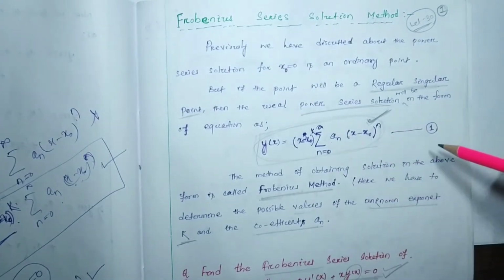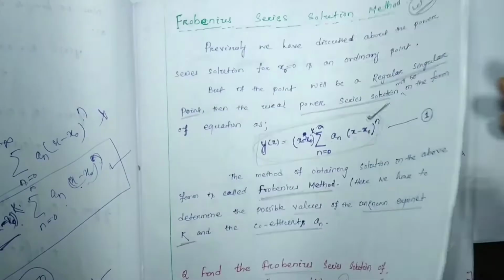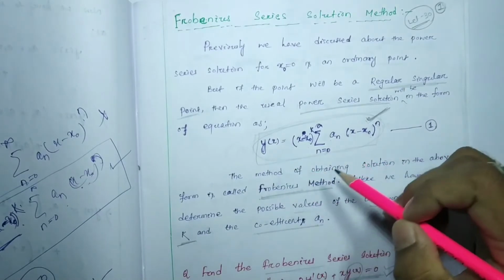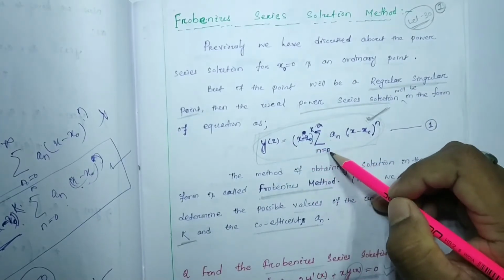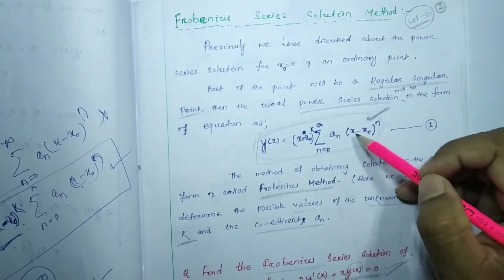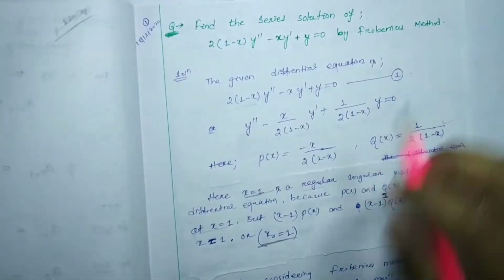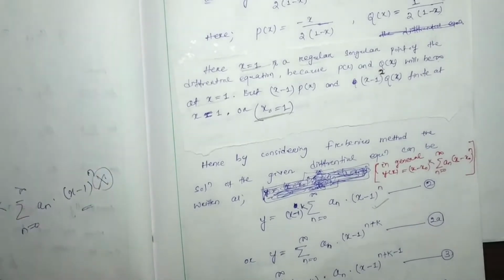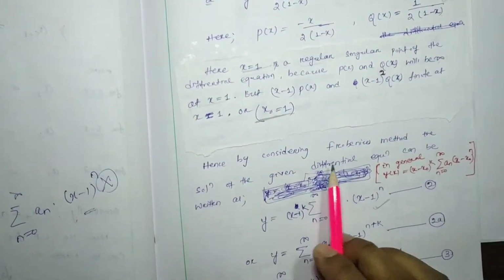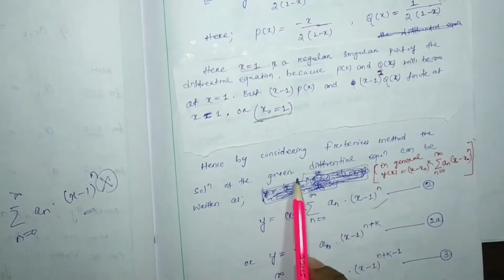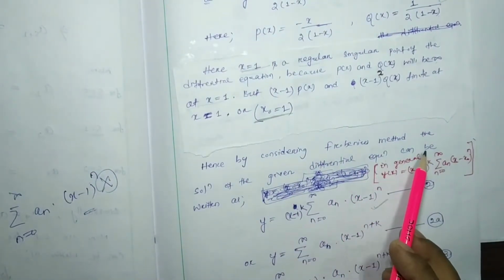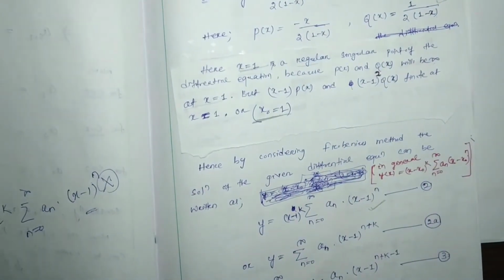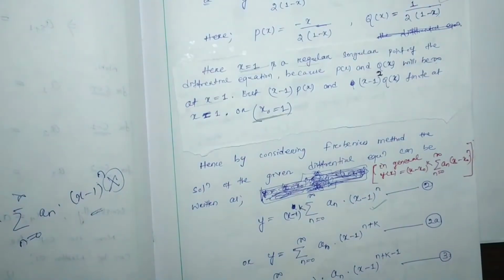For this problem, x0 is 1, so we write (x minus 1) to the power k, summation n equal to 0 to infinity a_n (x minus 1) to the power n. Hence by considering Frobenius method, the solution of the given differential equation can be written as follows.